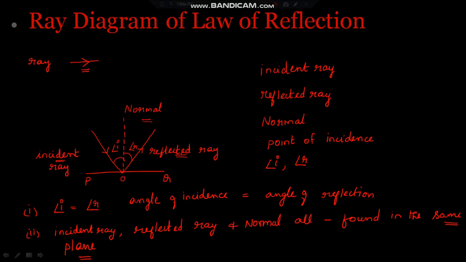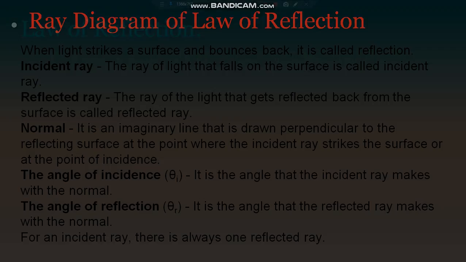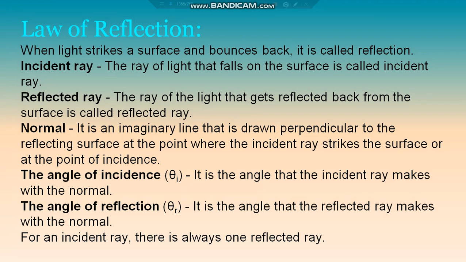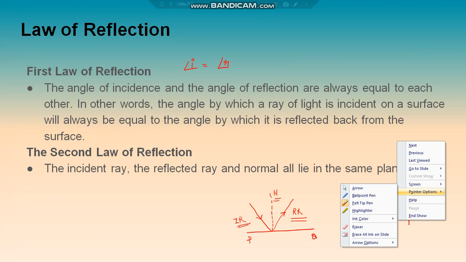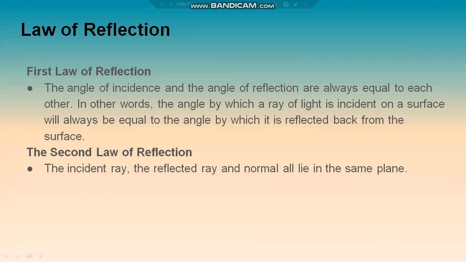So now, as you all know what the incident ray, reflected ray, normal, angle of incidence, and angle of reflection are, as I just explained with the help of the ray diagram, this is what we call the laws of reflection. The first law is that the angle of incidence and the angle of reflection are always equal to each other.